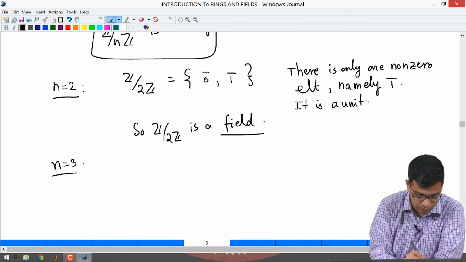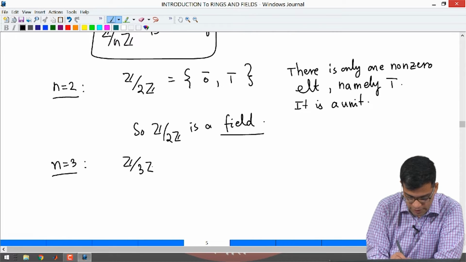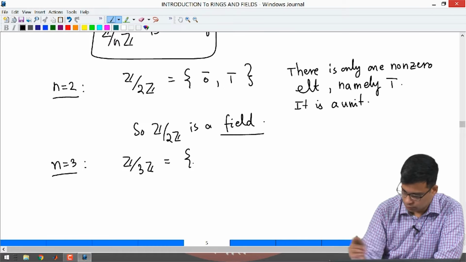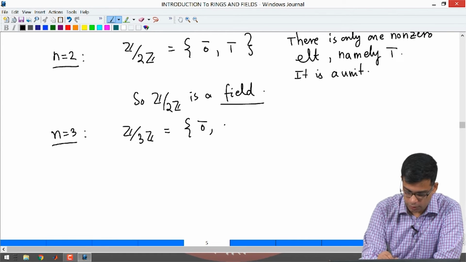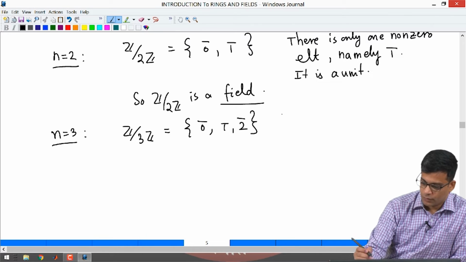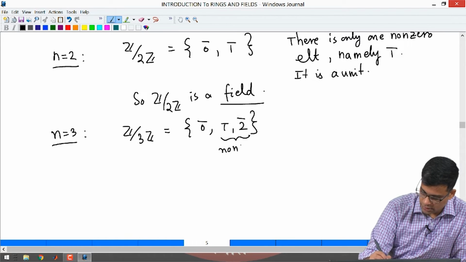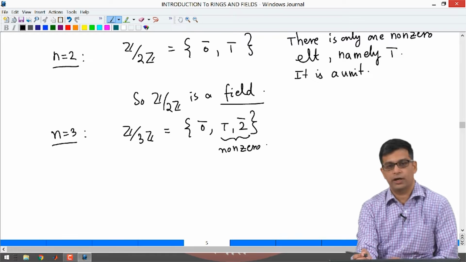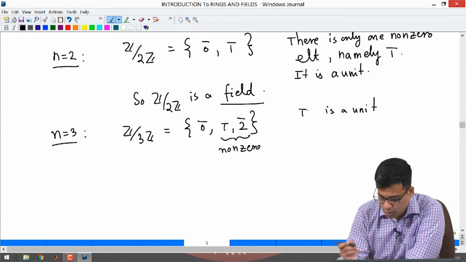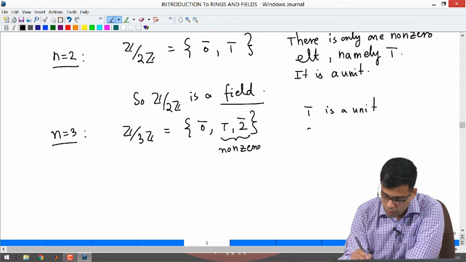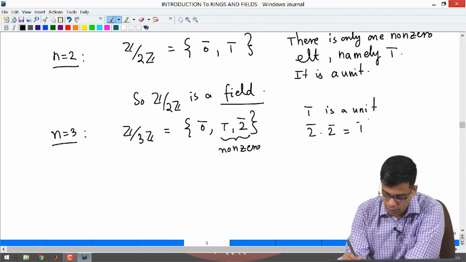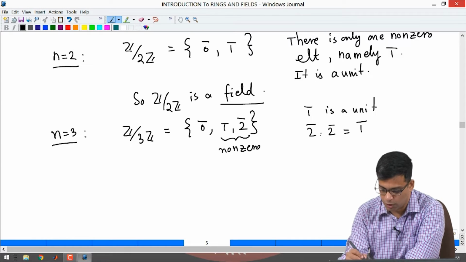What about n equal to 3? Let us take Z mod 3Z. This has 3 elements: 0 bar, 1 bar and 2 bar. There are 2 non-zero elements, 1 bar and 2 bar, and we know 1 bar is a unit because it is the multiplicative identity. 2 bar times 2 bar, if you remember the multiplication table that I wrote last time, is 1.